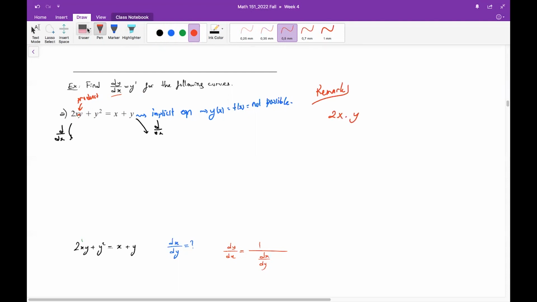Why am I calling this a product function? Because y itself is a function depending on x. That's why this is a product consisting of two different functions that depend on x. We are applying the product rule. To differentiate this, what should we do? First, you know the product rule, how it works.